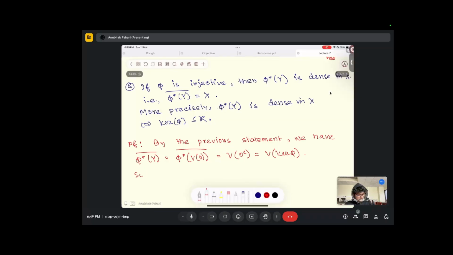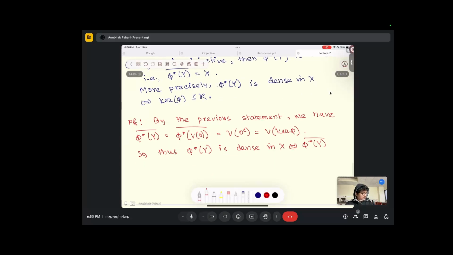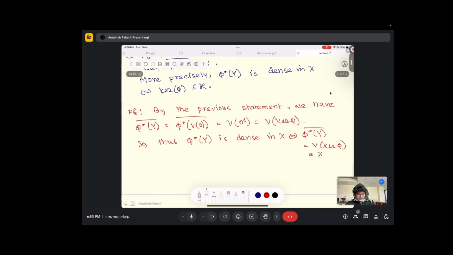And you know that V of ker phi should be... thus phi upper star of y is dense in X. This is equivalent to saying phi upper star of y bar equals V of ker phi equals X. That means what?